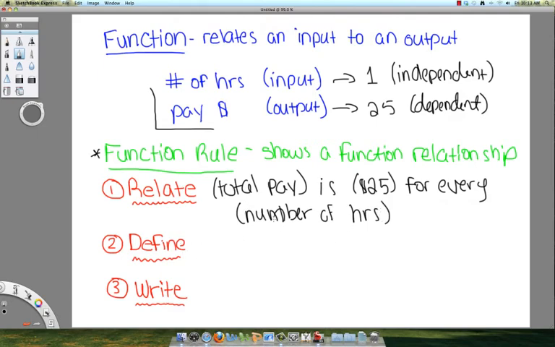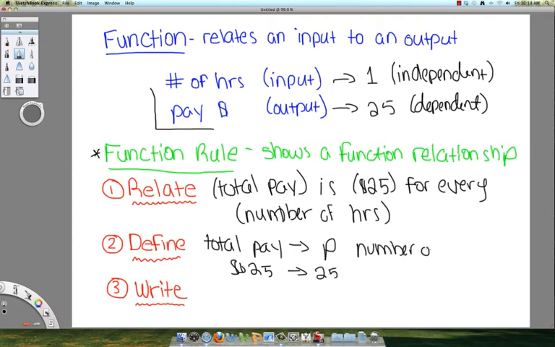So now we're going to have to assign letters to all this stuff because this isn't an equation, right? So here we're going to define everything. Let's say total pay. This is what define means. Total pay we're going to make P. For $25, that could stay as 25, right? Because that's already a number. And for number of hours, we're going to have to give it a letter because we don't know how many hours.